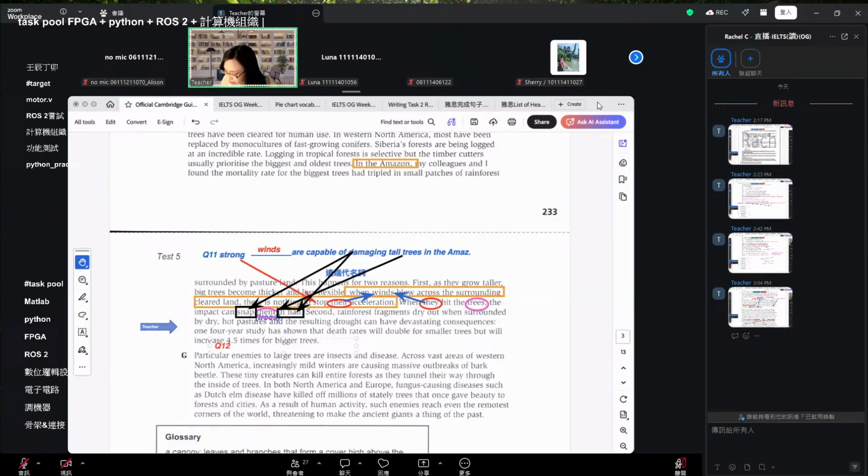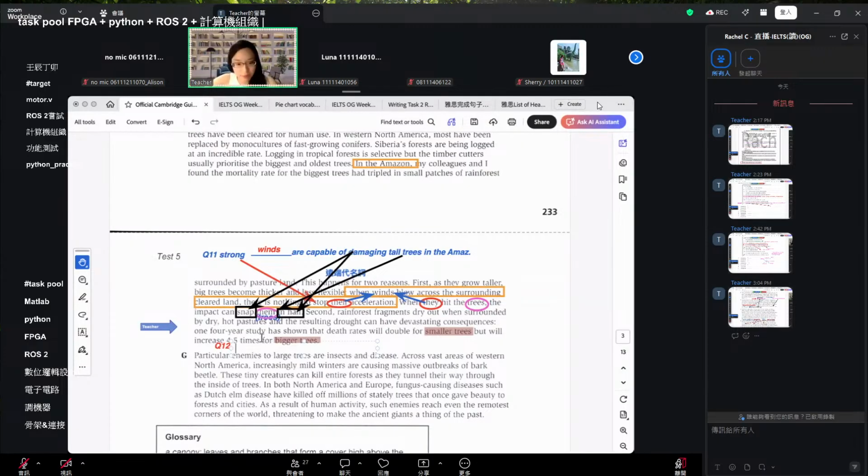Right, so doing this way, number 12. 12 was referring to something has a worse impact on tall trees than smaller ones. So tall trees, taller and smaller. This is the point where we read about them, right? Smaller trees and taller trees. I need to know what that was.